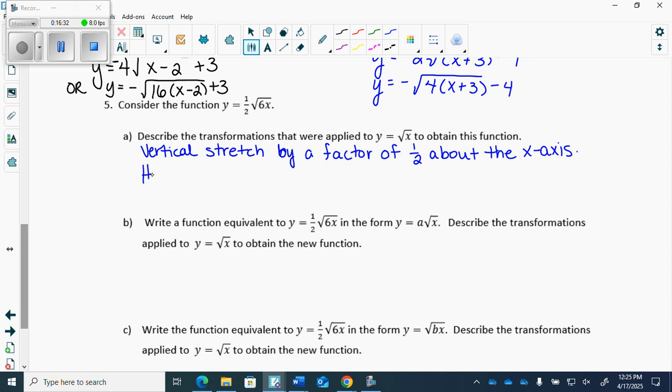And a horizontal stretch by a factor of 1/6 about the y-axis.